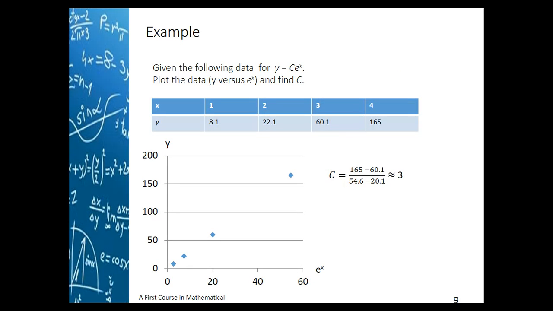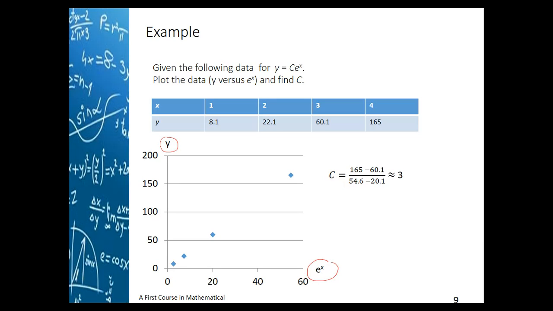Now look at this example. We have four different points, your x and also your y. This is your data. If you put your data inside this y equals c e to the power of x formulation, this is your y, and this is your e to the x in a sense.